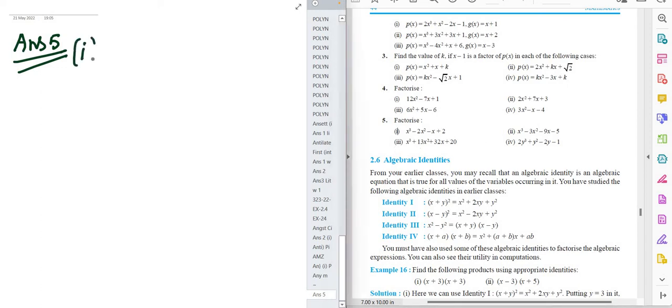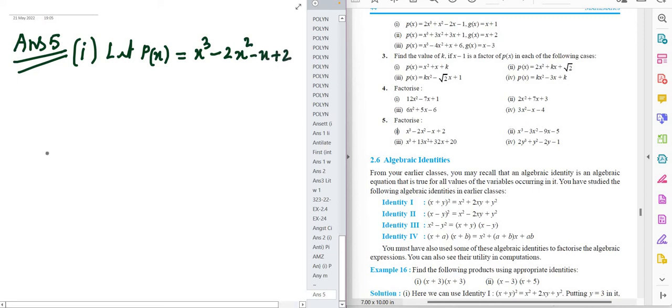First question. Here let P(x) equals to x cube minus 2x square minus x plus 2.